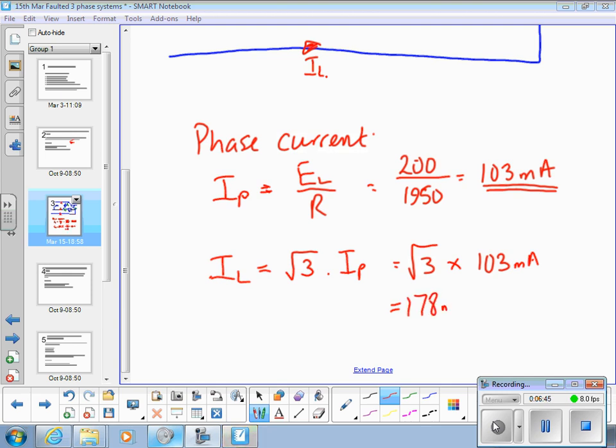That gives 178 milliamps, to three significant figures. So that was part B, and then part C asks for the total power dissipated by the load.